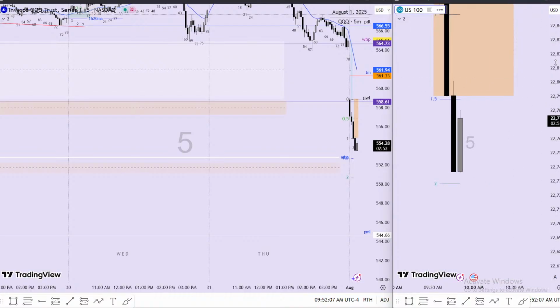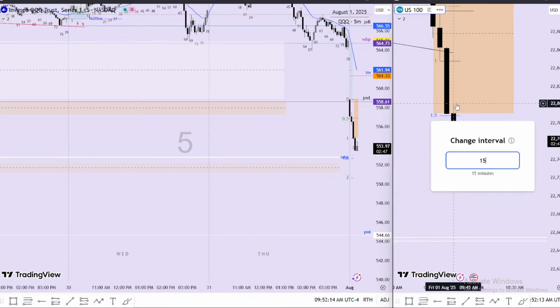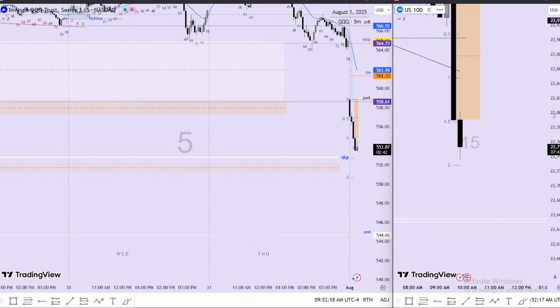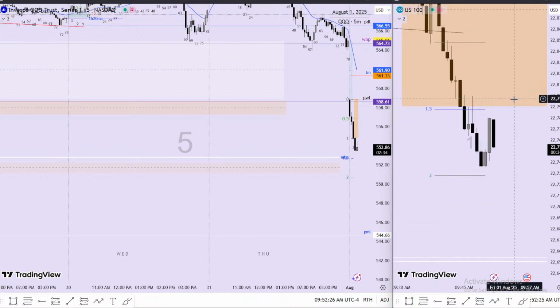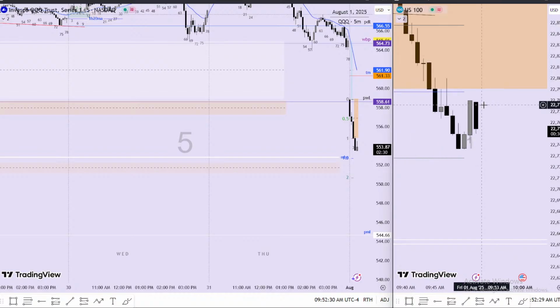5 minutes. My invalidation criteria is 801.15. Is this a low one short?